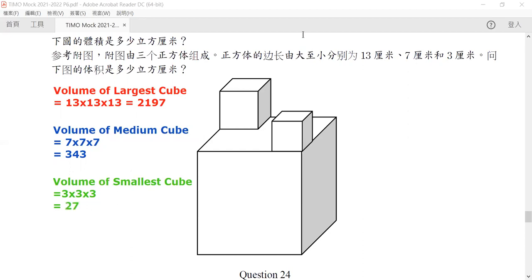The total will be 2197 plus 343 plus 27. By summing that all up, our answer is equal to 2567. Okay.